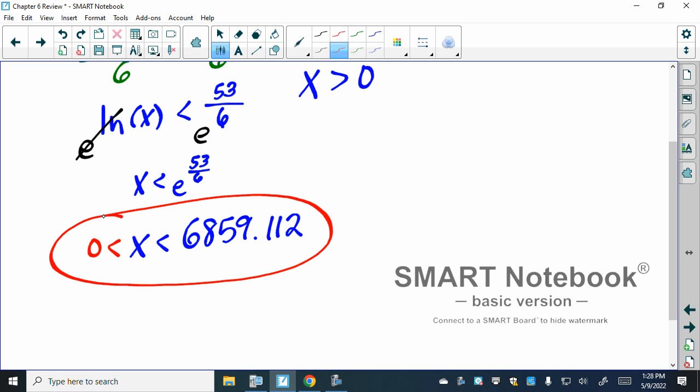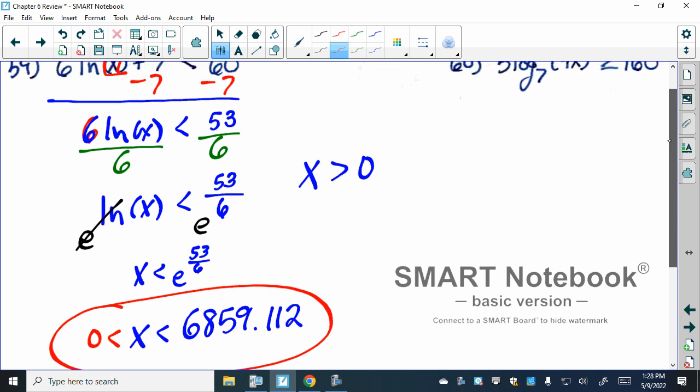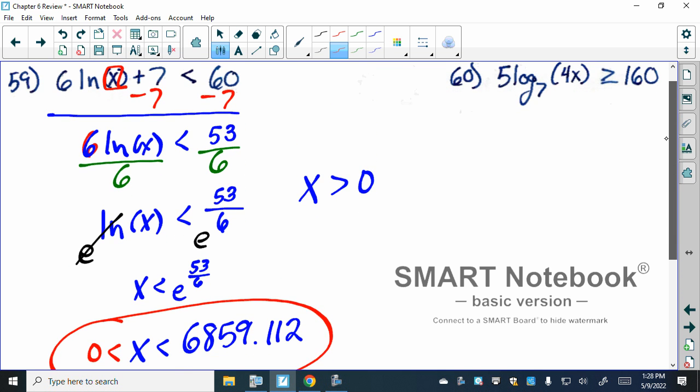Now, anytime we start off with the natural log and end up with x is less than a number, we need to add the restriction in. So to find the restriction, we set what's inside the natural log or logarithm to be greater than 0, solve for the value of x, and then add that in. If it's less than, and we start out with logs. If it has been an exponent, then we won't need it.